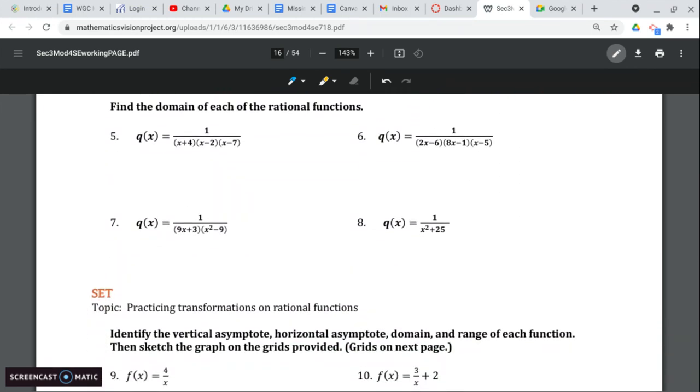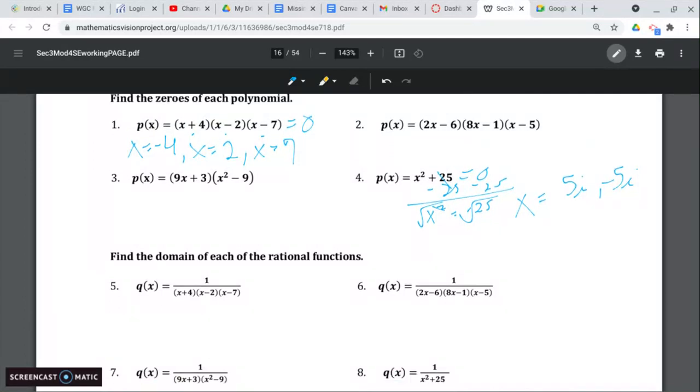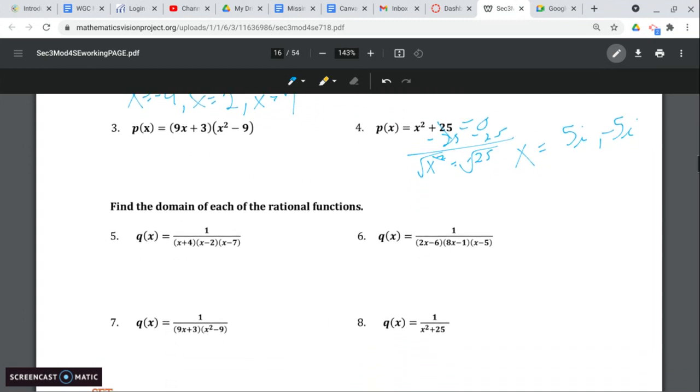All right, find the domain of each of the rational functions. So remember, domain is possible x values. So if we look, our x values are all in the denominator. Also notice the values from the first set are the exact same in the second.